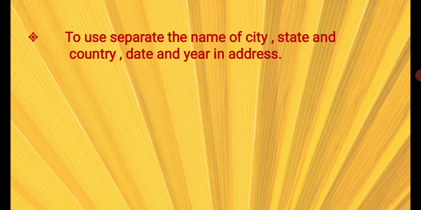If we are writing the date, we will write 16th January, 2021. After 16th January we will put a comma and then the year, then a full stop. Understand? So this is the way we will use comma to separate the city, state, country, date and year.